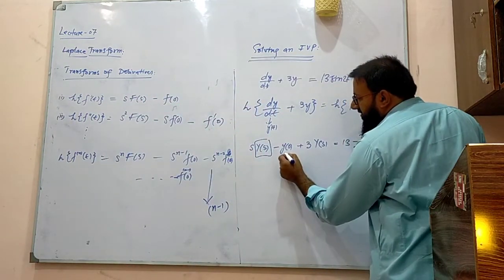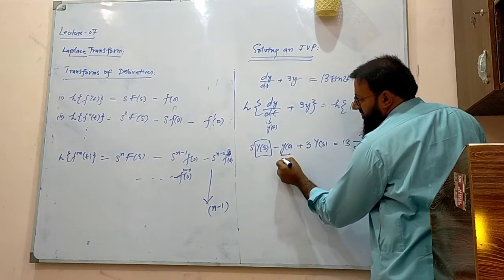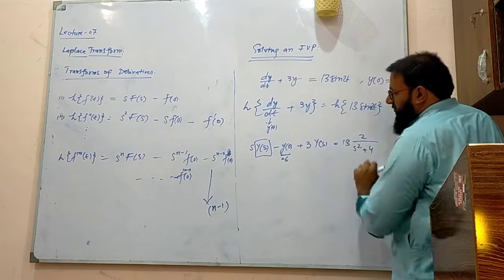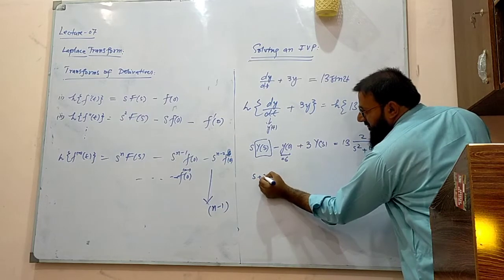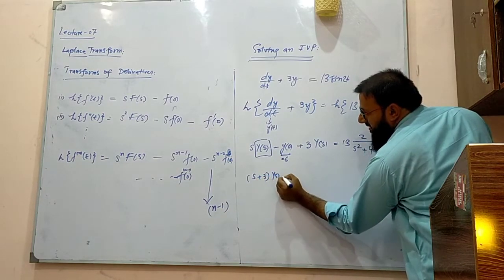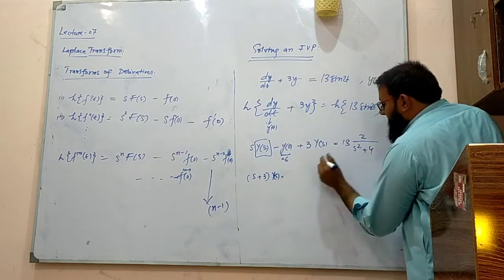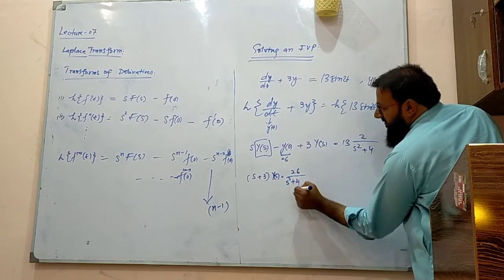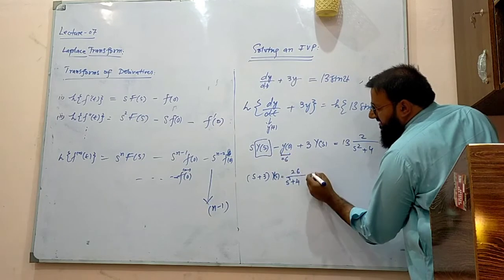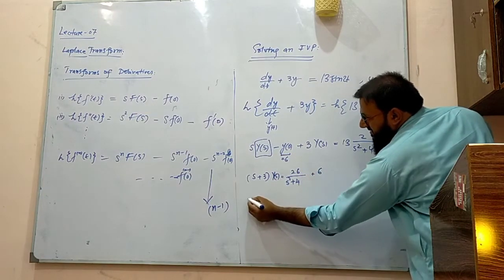This y of 0 equals 6. That's given to us. So I am taking these two terms and taking Y of s common, and the right hand side is going to be 26 over s square plus 4, and I am taking this minus 6 here, it becomes plus 6.